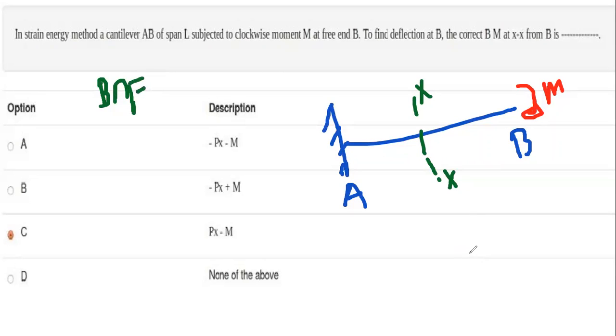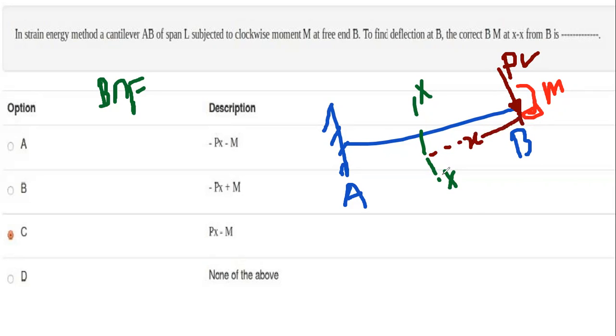Now we know that at a point where we have to find the deflection, if no point load is acting at that point, then consider a fictitious load. So here at point B, no force is acting, so we consider the dummy or fictitious load, suppose P. This section is situated at a distance x from that dummy load.